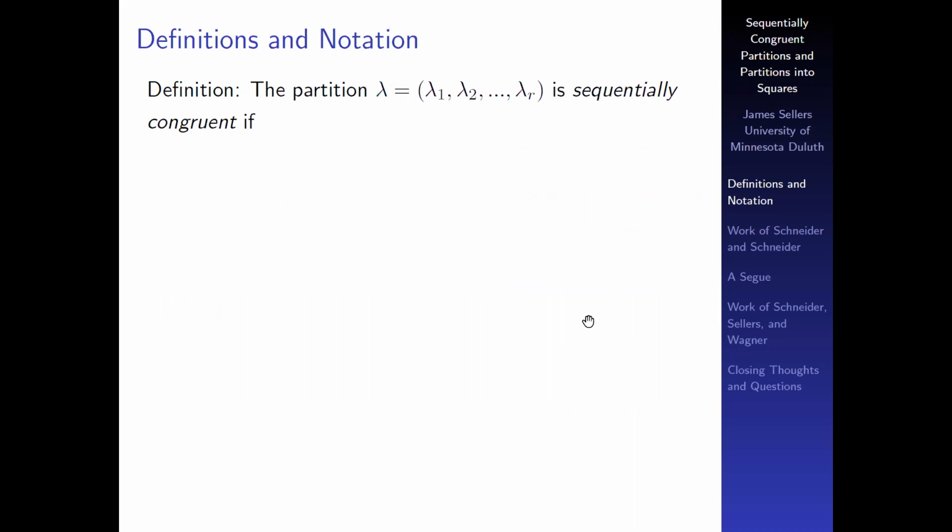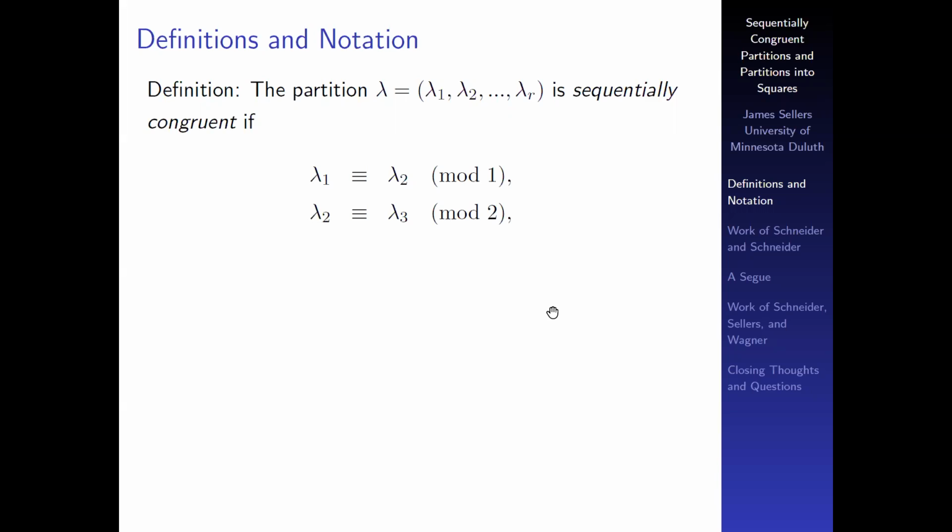So here's the definition around which a lot of this talk revolves. We're going to say a partition lambda is sequentially congruent if the following set of congruences hold. So the first part, lambda 1, has to be congruent to lambda 2 mod 1. This is a trivial congruence. This is always true no matter what lambda 1 and lambda 2 are.